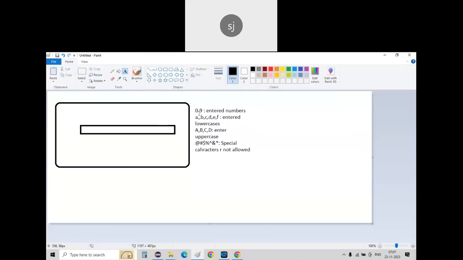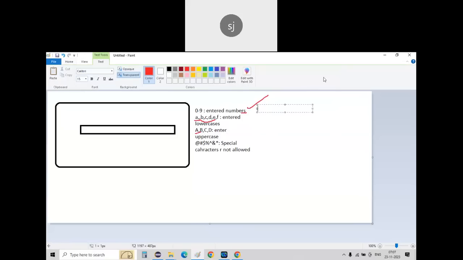See, consider that if you enter anything from 0 to 9, no matter what you enter, you get the same output. In the same way, if you enter anything from small a to small z, you get the same output, and for capital A to capital Z, the same output will occur.